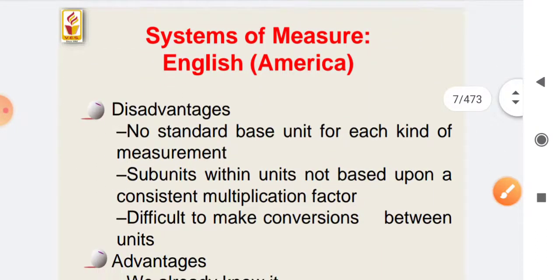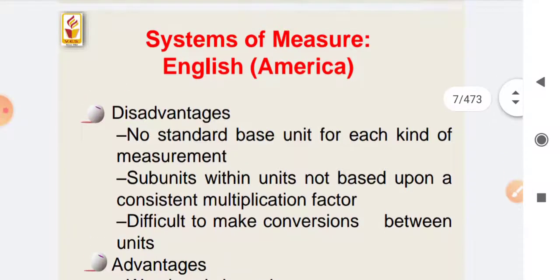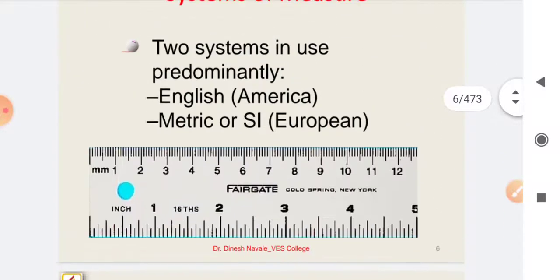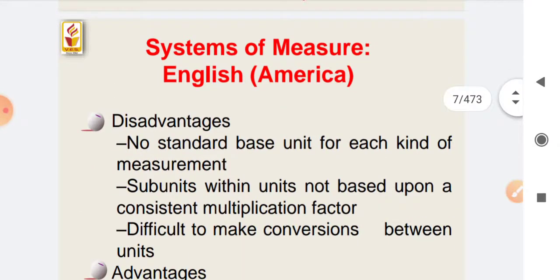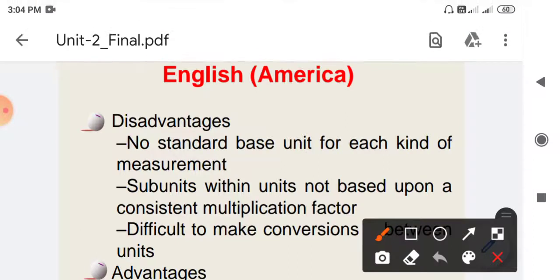So how will you say exactly that two systems are different from each other? Based upon the various variables that we come across, and the units given for the variable, we can say that the given system is expressed in either the American system or the European system. Now, what are the disadvantages of the American or English system?